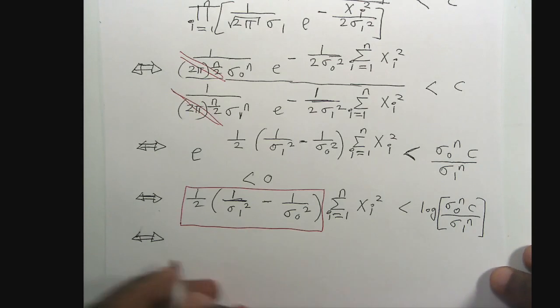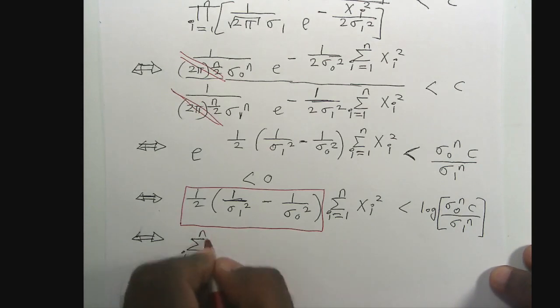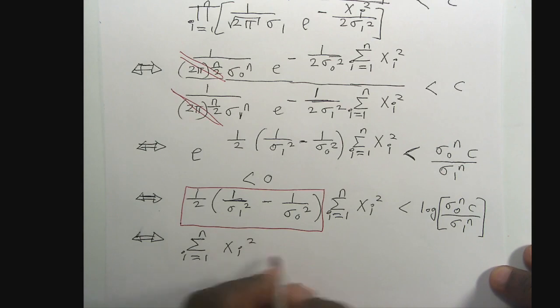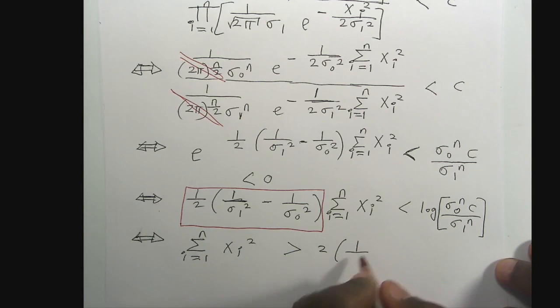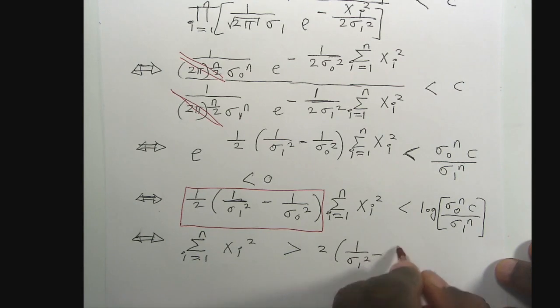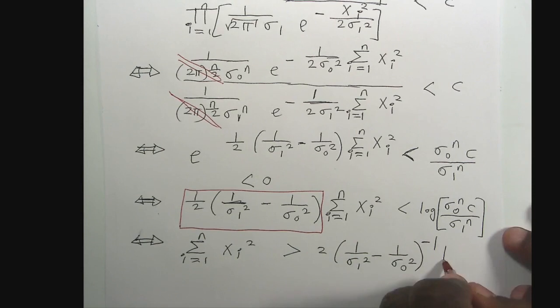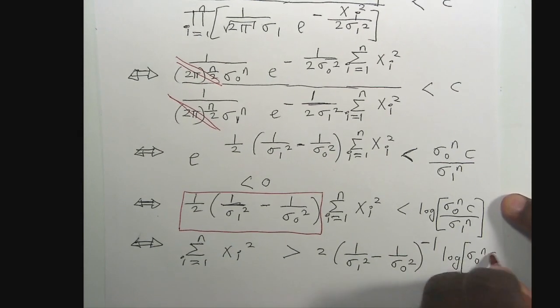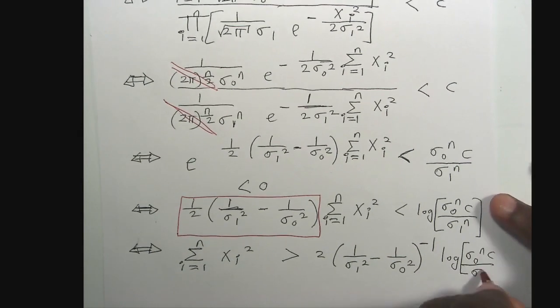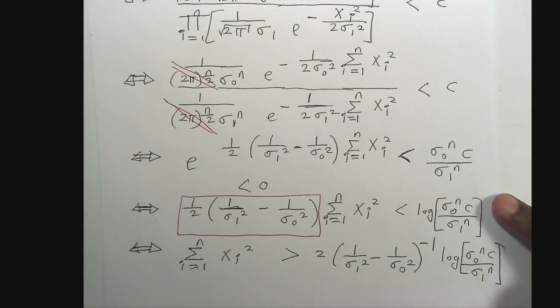So when you divide by a negative number, guys, you need to change the inequality around, right? So it becomes, all right.